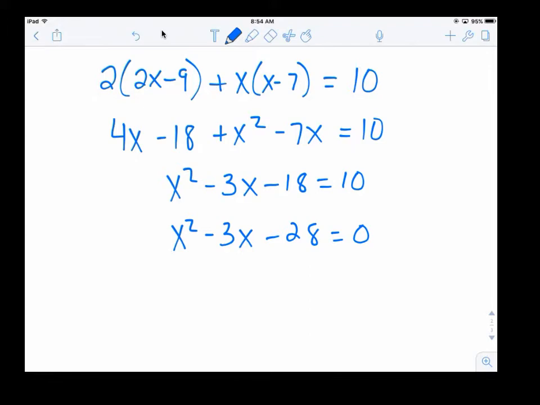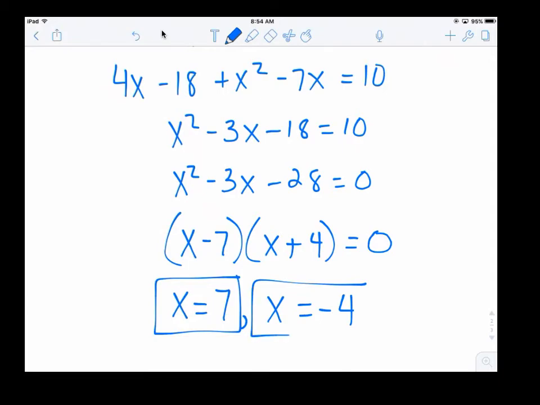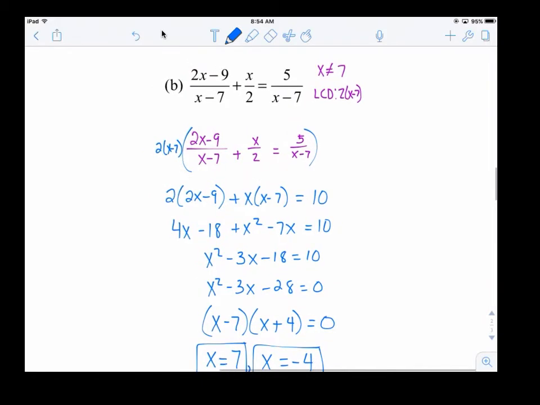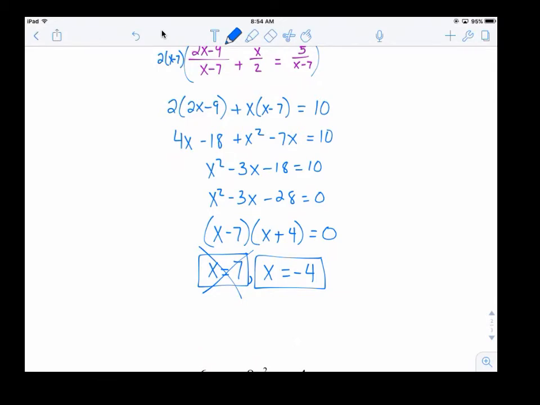Positive 7? Right. So my two solutions here would be what? 7 and negative 4. All right, now, are either one of those one of my extraneous ones? 7, right? So my only answer here would be x equals negative 4.